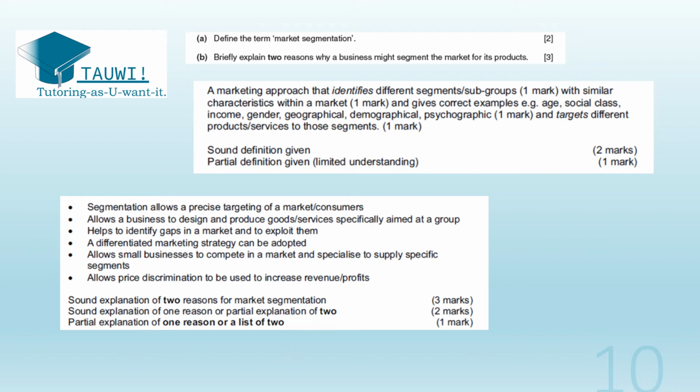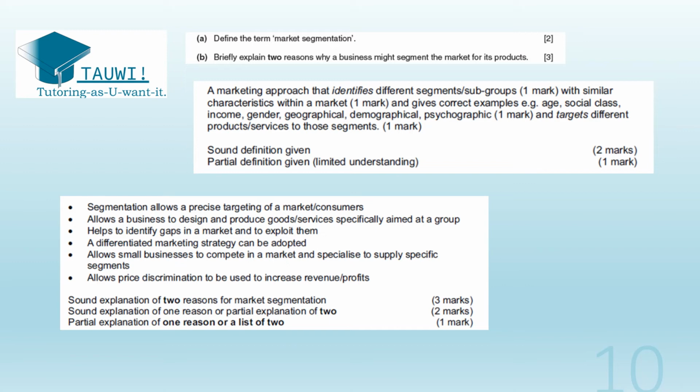So are they old people, young people, females, males? That will help you when you start marketing your products. Allow a business to design and produce goods specifically aimed at this group. So a segment does really give you certain features that you would like to add to your product. If it's for young people, maybe more colors. Maybe it's for older people, softer colors.